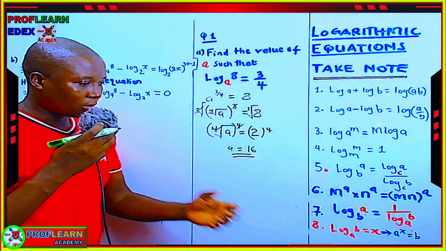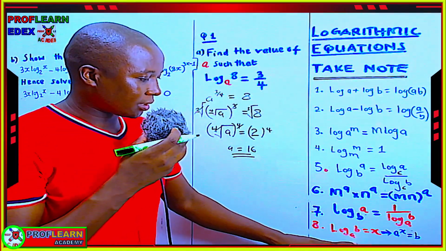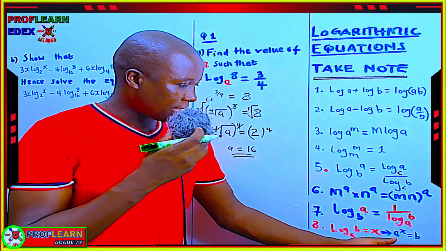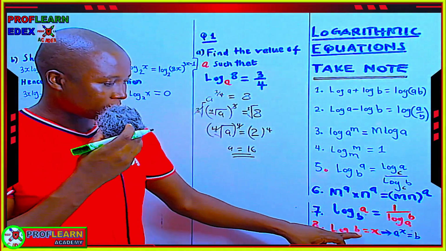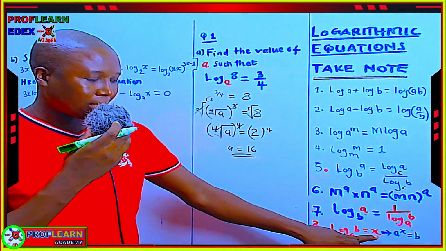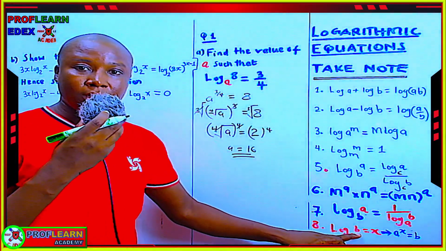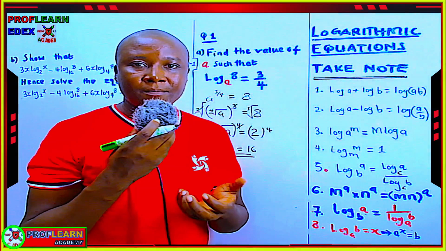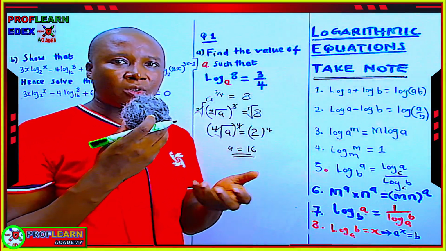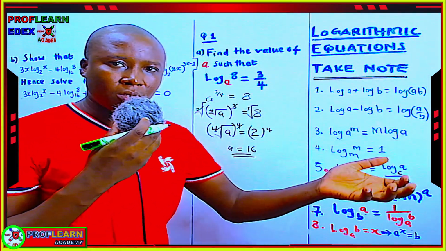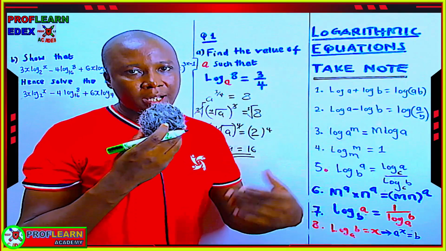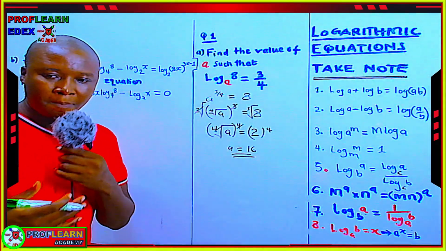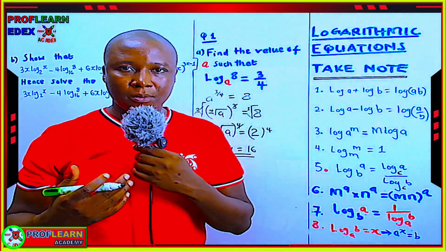So you must know that log of b base a equals x can be expressed in index notation as a raised to power x is equal to b, meaning the base raised to the number that you have here is equal to the b that we have at this point. So understanding conversion of logarithmic notation to index notation and index notation to logarithmic notation is very important as far as further pure math is concerned.